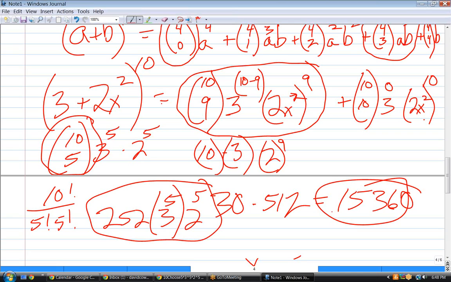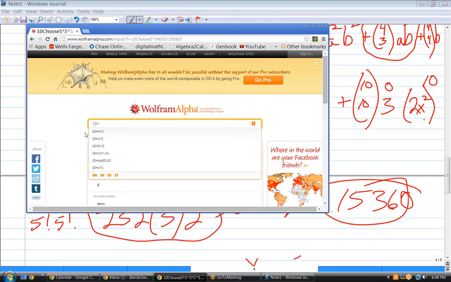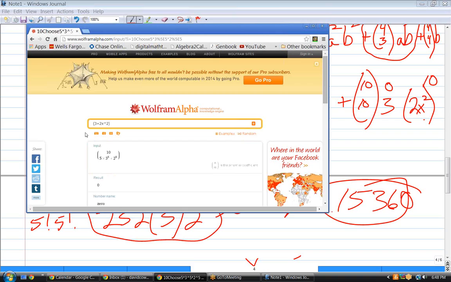Here, let's try something. Let's try doing this on Wolfram Alpha and see what we get. 3 plus 2x squared, all raised to the 10th power.